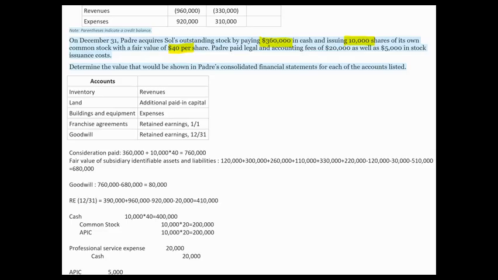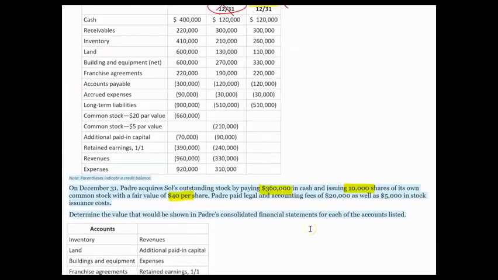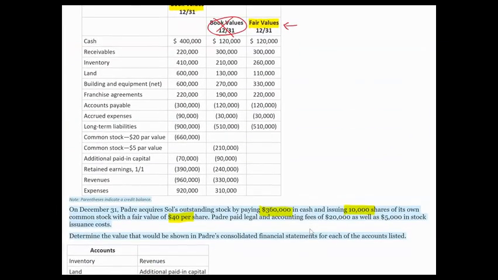So first we can calculate what is the total consideration paid. That is $760,000. And then what we can do following the consideration paid is look at how much the parent gets in this acquisition. In other words, what is the fair value of the subsidiary's identifiable assets and liabilities? So identifiable assets and liabilities are those assets and liabilities on the book.